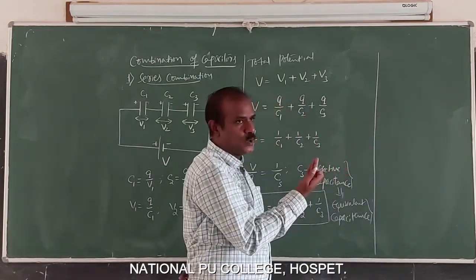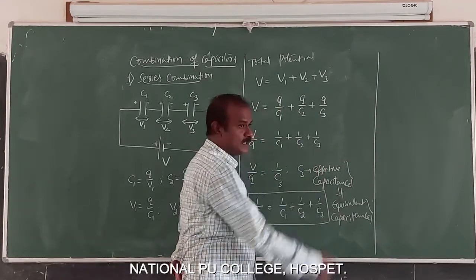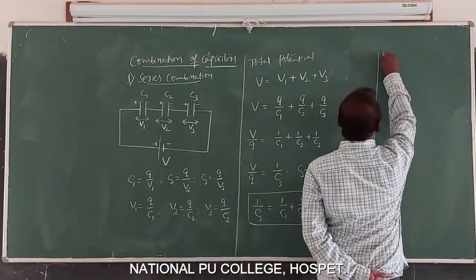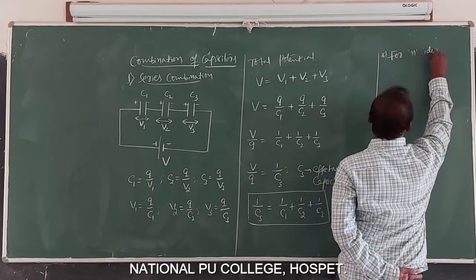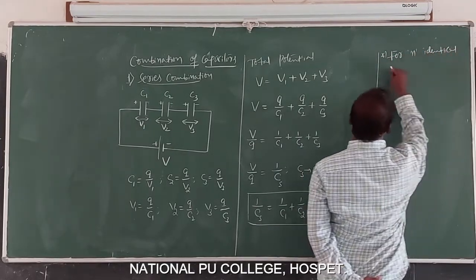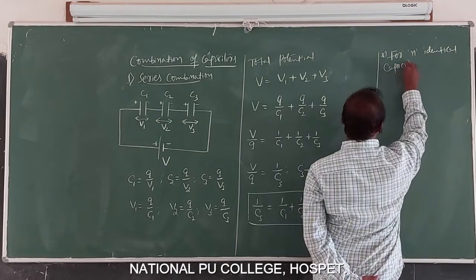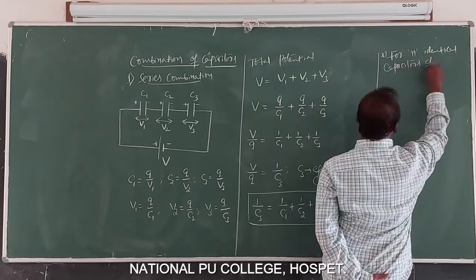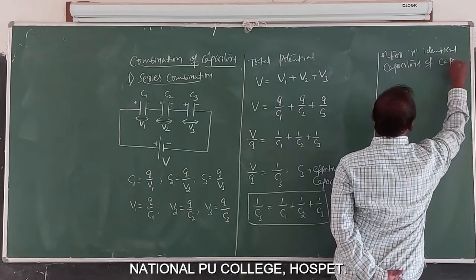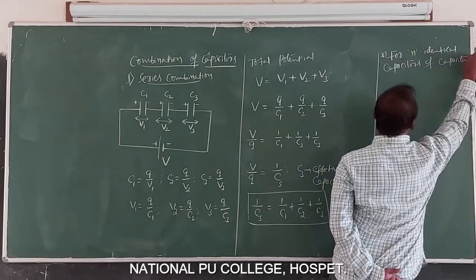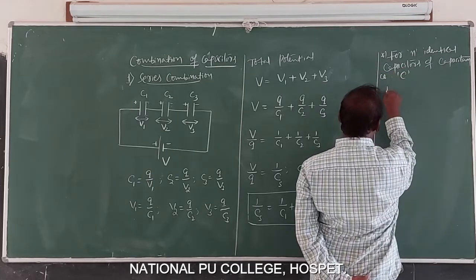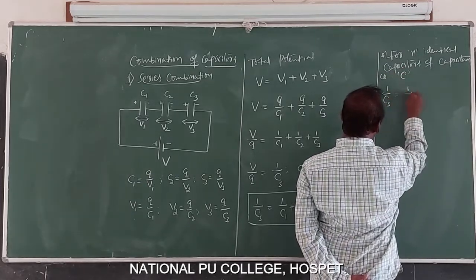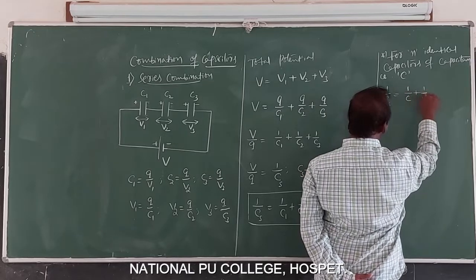CS will be equal to, let us estimate there are n in number, like for n identical capacitors of capacitance C, then 1 by CS will be equal to what? 1 by C plus 1 by C plus and so on.